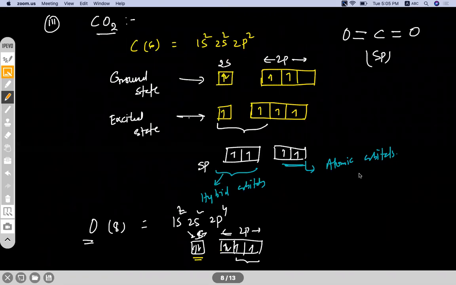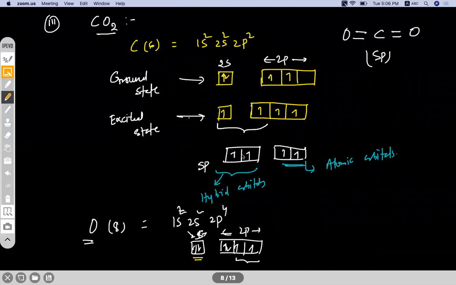Hybrid orbitals form when different orbitals of the same element combine. That's what I'm telling you, Shraddha. Different orbitals of the same atom combine and form hybrid orbital. Molecular orbital, when we have orbitals of different atoms involved. Understood?